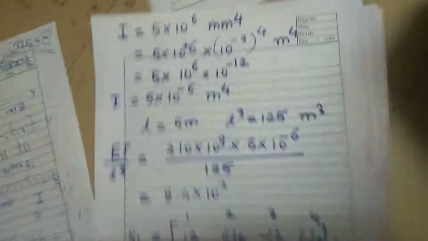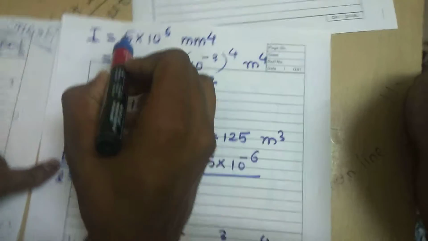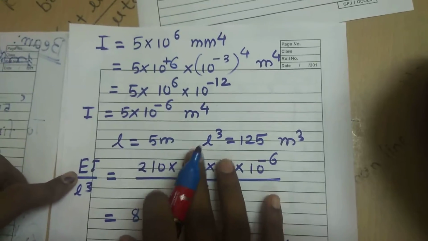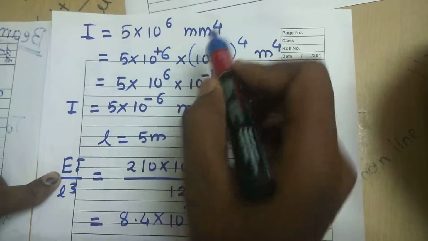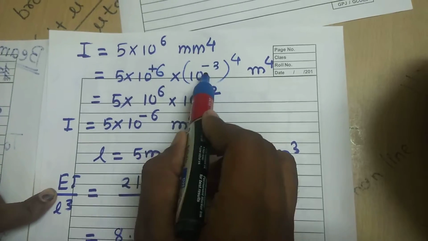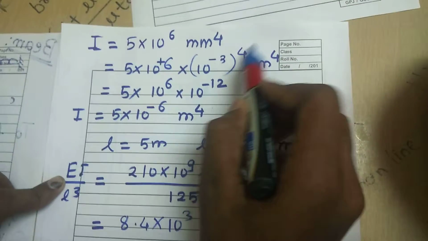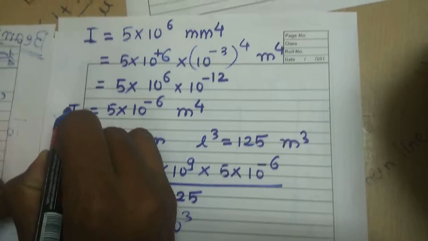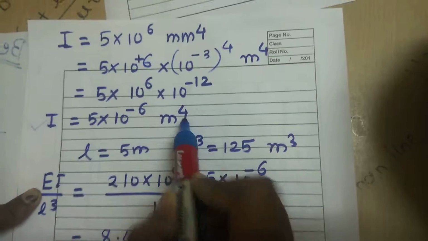Then the second term in the stiffness matrix is the moment of inertia, I. In the problem I is given as 5 into 10 to the power 6 mm raised to 4. Then we have to transfer it to meter raised to 4, so we multiply by 10 to the power minus 3 raised to 4. The final value of moment of inertia I is 5 into 10 to the power minus 6 meter raised to 4.